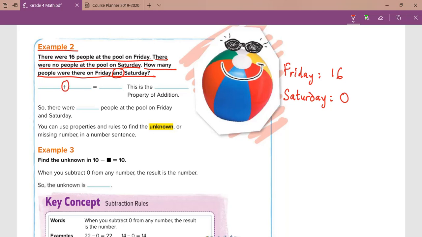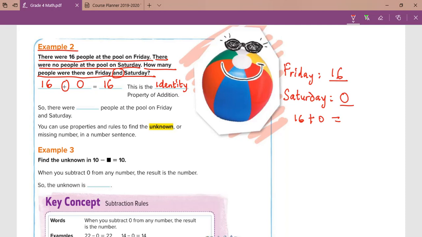So for Friday, you have 16. So we write 16 here. And on Saturday, no people, we have 0. 16 plus 0 is going to give you 16. And this is the identity property of addition.